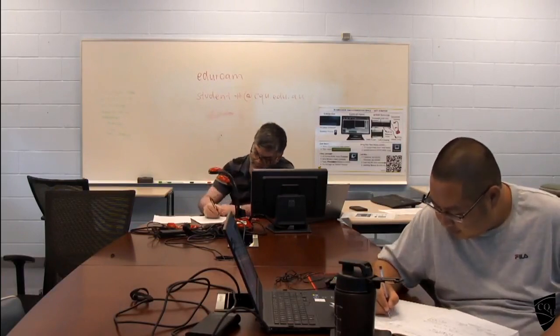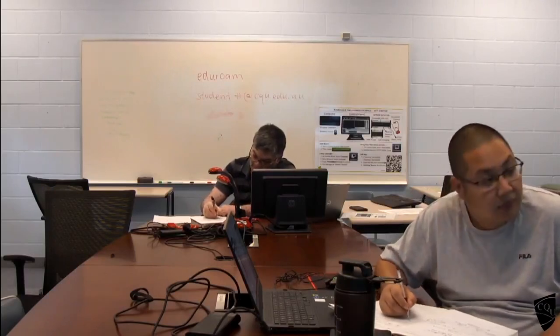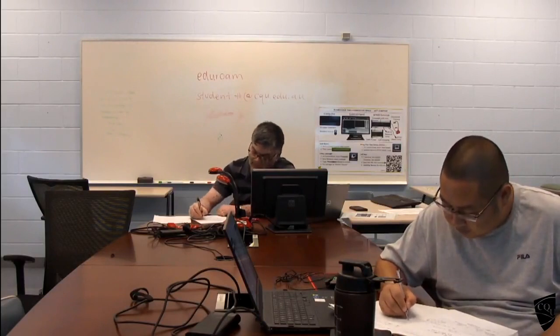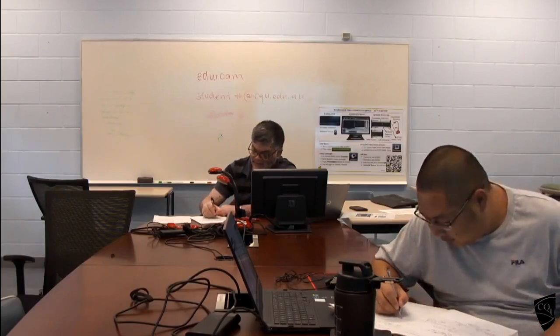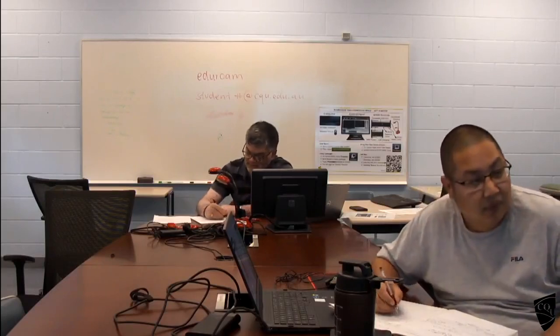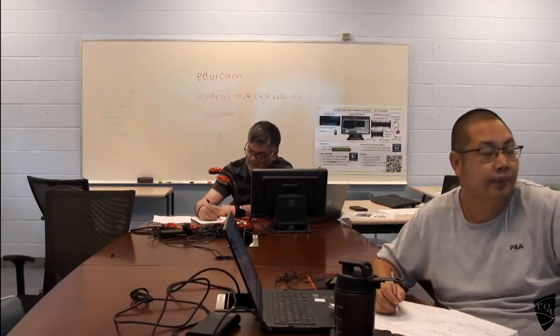So the area, because I is equal to area times distance square. The distance from here to here, small d.